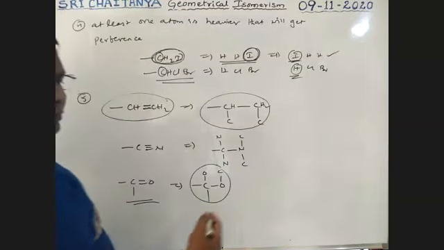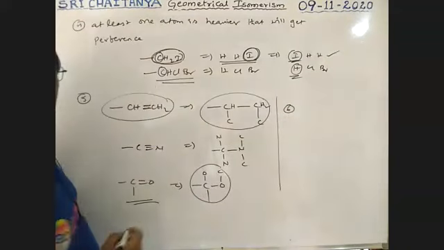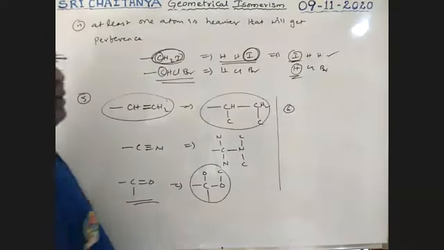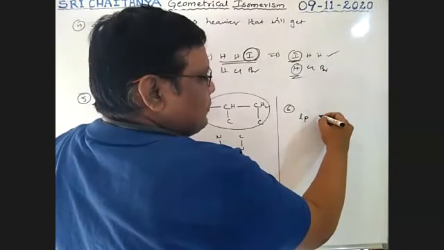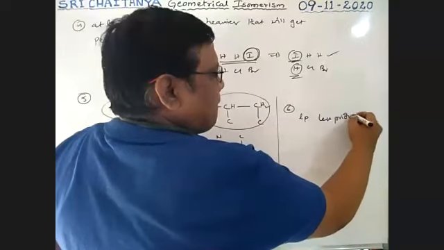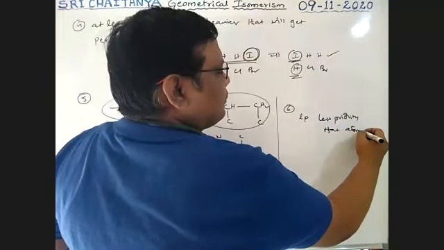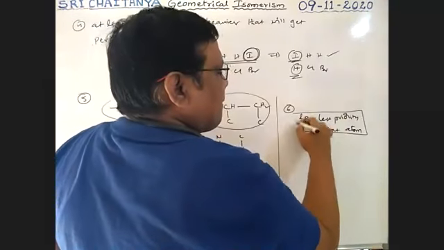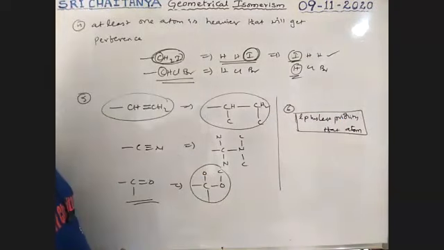Next, sixth point. Lone pair has less priority than atom.